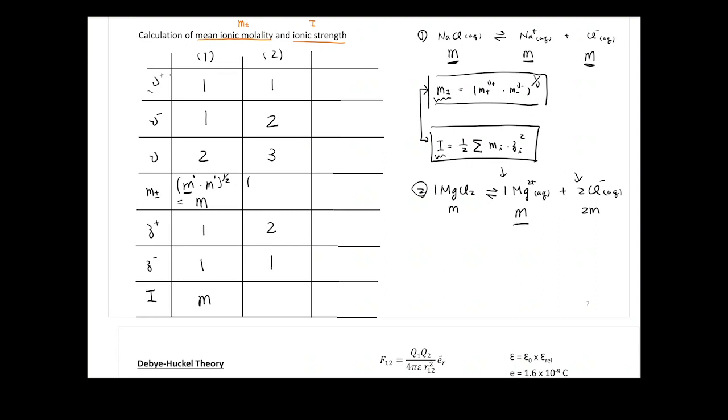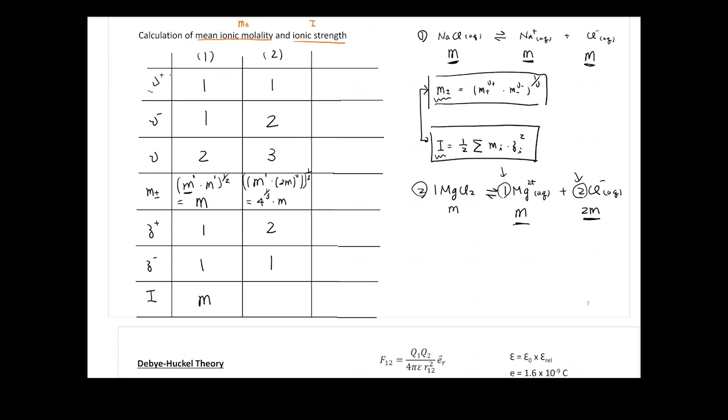Your m+ will be just m raised to the ν+ power, which is m to the first power. The second one will be 2m raised to the ν− power, and the whole thing needs to take the ν root. In this case your ν is 3. So it's m to the first power times 4m squared, and we take the cubic root of that whole value. Once you do this, you get the cubic root of 4 times m.